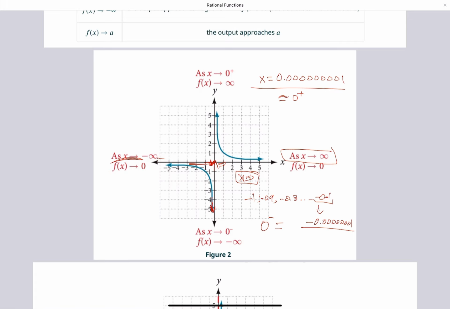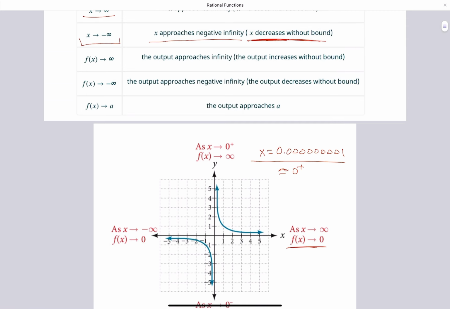What is the y value? As x approaches negative infinity, y in this case equals 0, right? Is it equal to -1? No. Is it equal to -2? No. It's in fact equal to 0. Same with the right side. As x approaches infinity, the y value also equals 0. Well, it's approaching 0, it's not equal to 0.